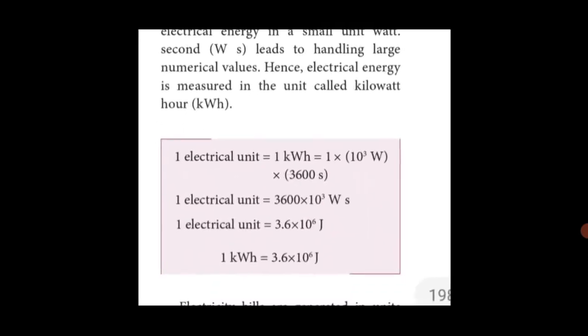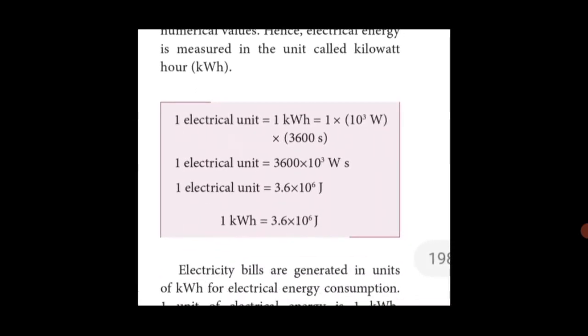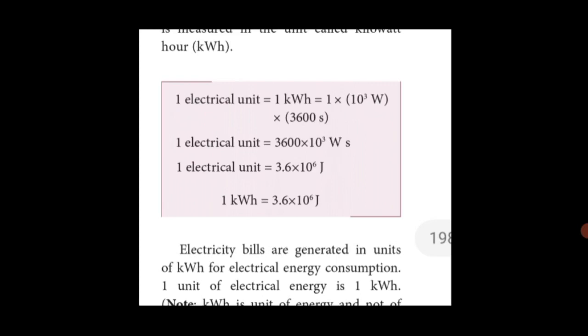That means 1 kilowatt hour, 1 kWh, is equal to 1 into 10 to the power of 3 watt, because kilo is 10 to the power of 3, and then into the time, 1 hour is equal to 3600 seconds.